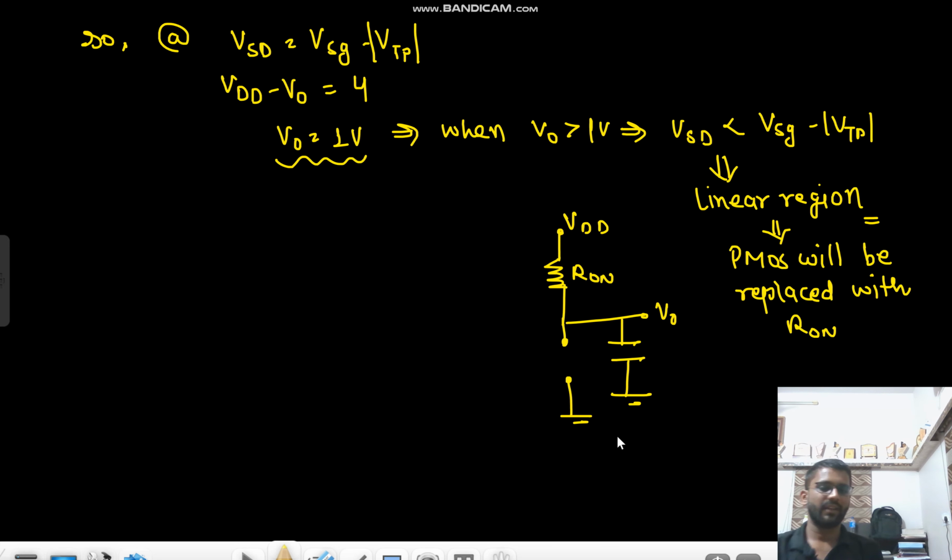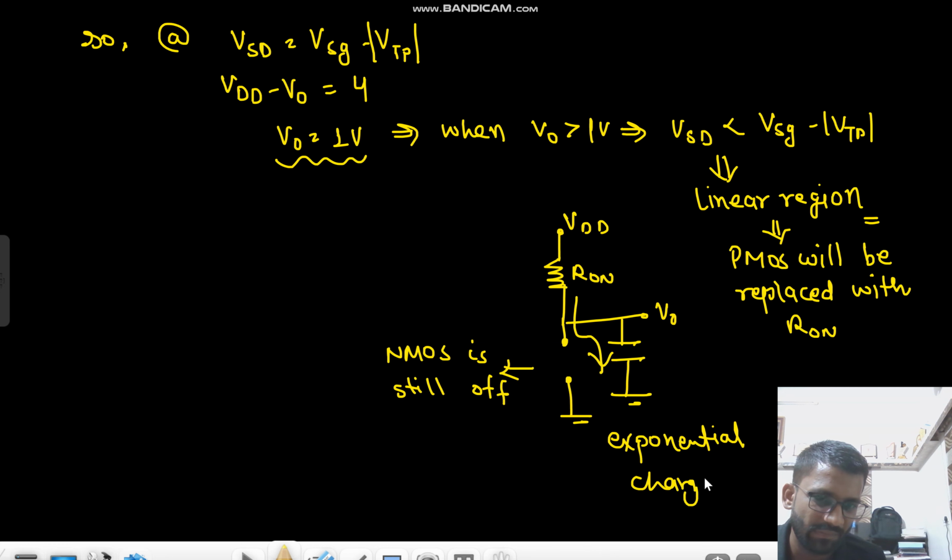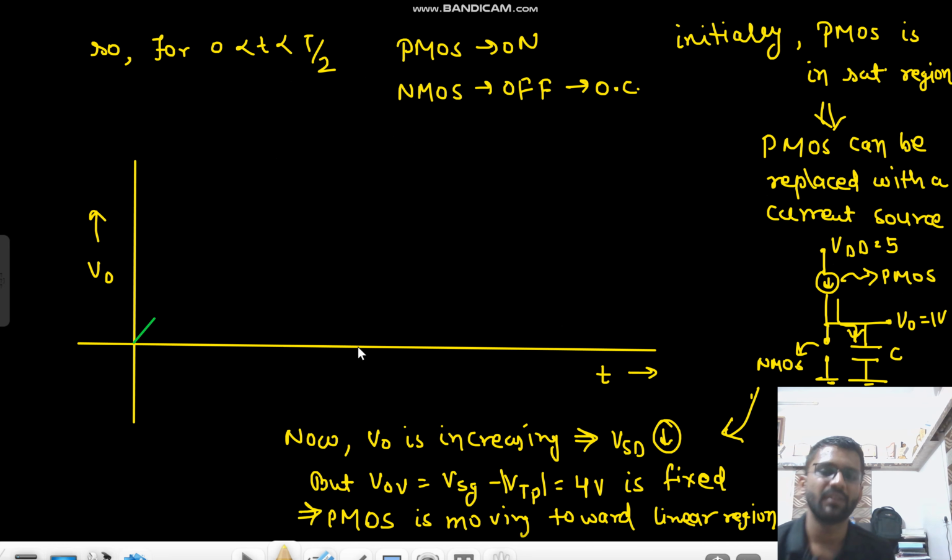Here I can write NMOS is still off. So now it will charge exponentially. Instead of making this curve here, I should have made it on the next page, but forget that, we have written the explanation.